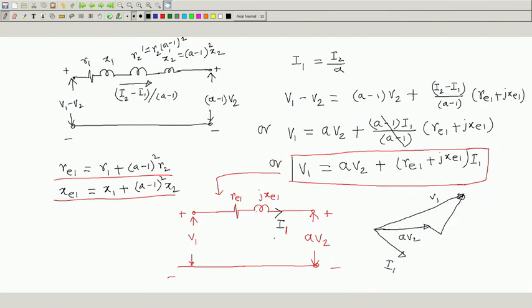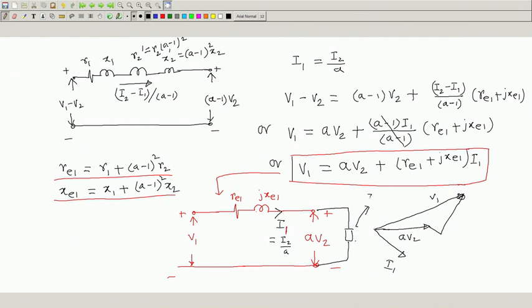This I1 also, see, I1 is also equal to I2 by A, is it not? I1 is equal to I2 by A. What do you think the impedance connected here? It will be this voltage A V2 by I2 by A. This point is worth mentioning.